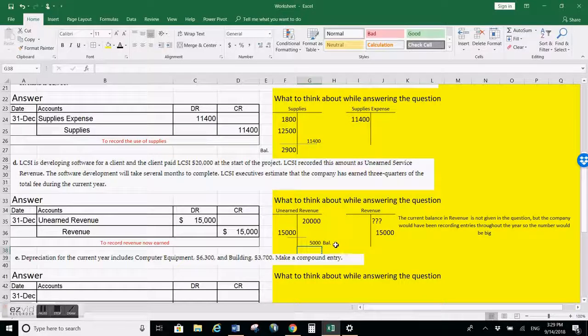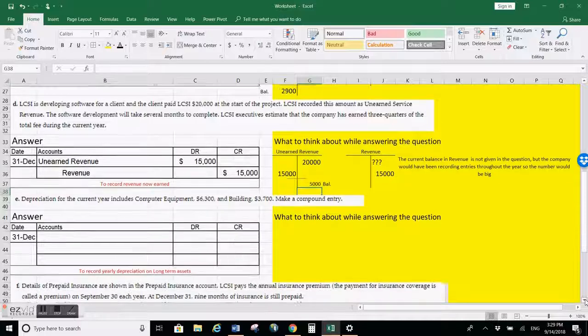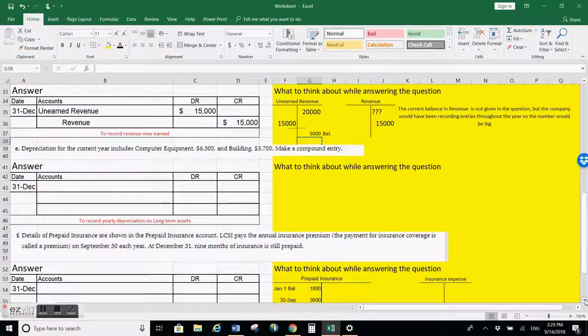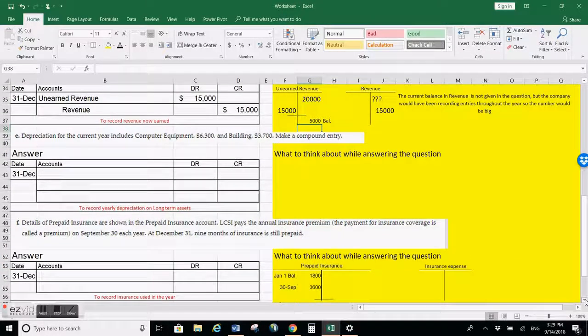All right, on to E. Depreciation for the current year includes computer equipment for $6,300 and buildings for $3,700. Make a compound entry. The great thing about depreciation is there are always only two accounts: depreciation expense and accumulated depreciation.